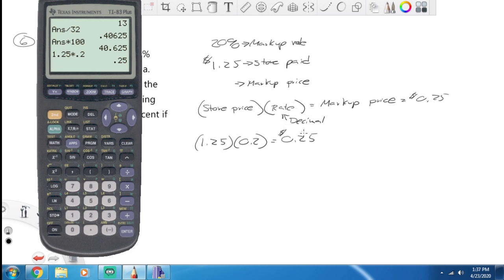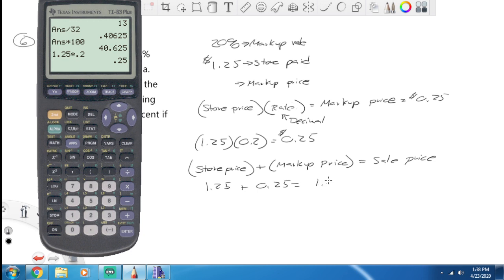So the store is going to increase it by 25 cents, and therefore your selling price is going to be your original price, how much the store paid for it, so the store price plus the markup price, which is not the same thing as the markup percentage, equals your sale price. So in this case, you're going to do the 125 plus the 25 cents.